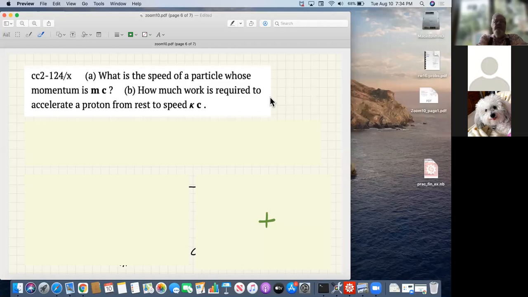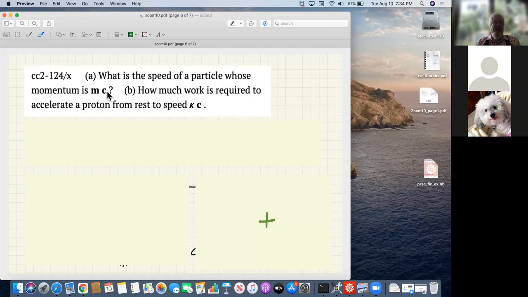So we've had time dilation, length contraction, combination of velocities. Here's another problem involving momentum and energy. What's the speed of a particle whose momentum is mass times the speed of light? You know, in Newtonian mechanics, momentum is mass times velocity.